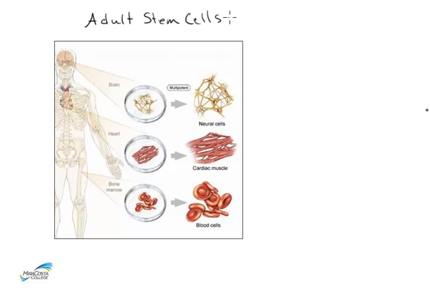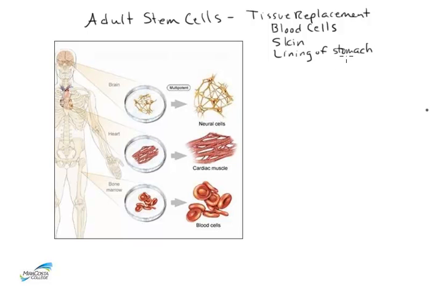And these stem cells are really important for tissue replacement. So we have some types of tissues that are constantly sort of dying off and needing to be replaced, including our blood cells, our tissues like skin, the lining of the stomach, for example, constantly needing replacement cells generated.